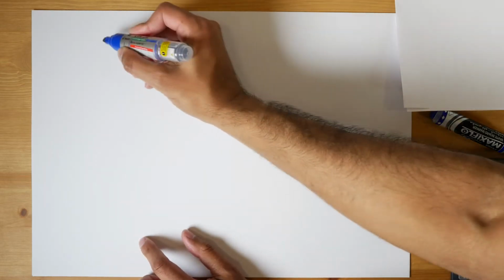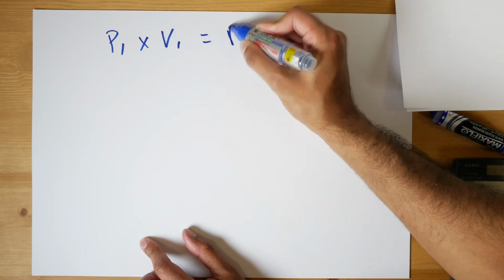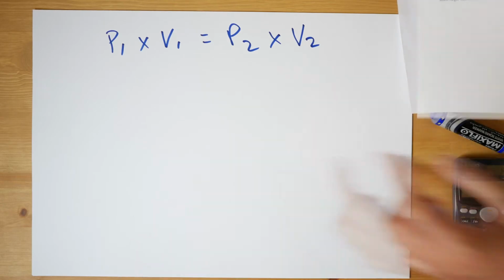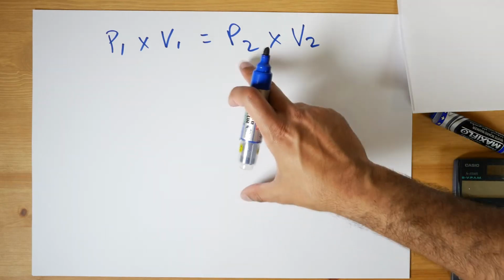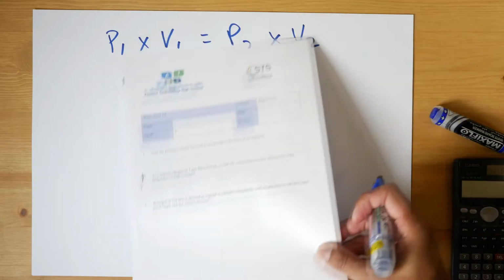We're going to start off with an equation. My equation is P1 times V1 is equal to P2 times V2. It's asking me to find out the new pressure, and the new pressure is P2. So let's work out the numbers.